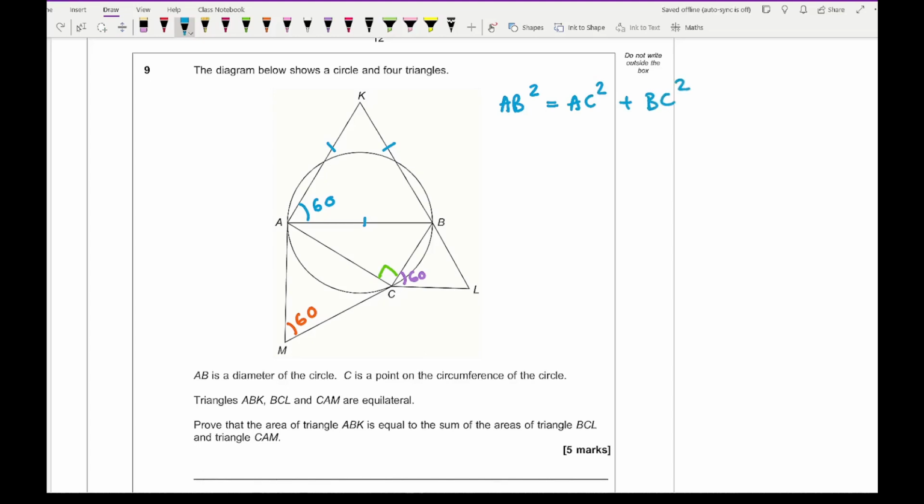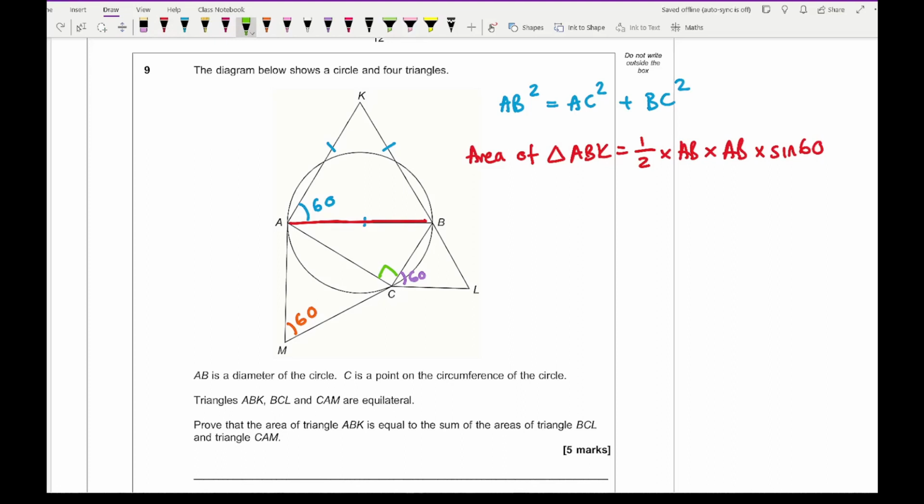Then from this we know that the area of triangle ABK is going to be equal to a half times a common side, which I'm going to use AB. So it's going to be AB times AK, which is also AB because the sides are equal because it's an equilateral triangle, times sine 60.